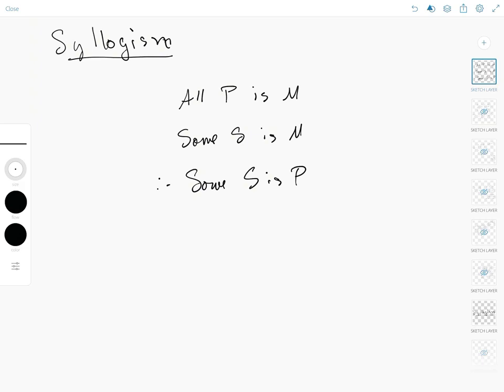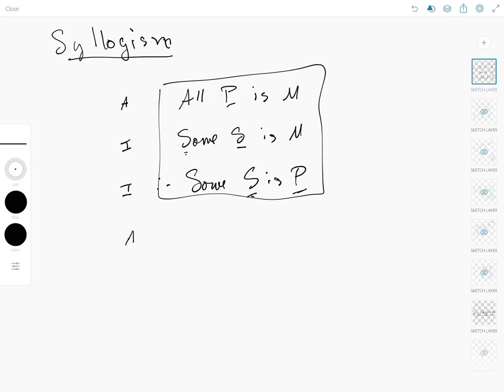The major premise, and again, just to reinforce this, minor term, major term. Major premise has the major term in it. Minor premise has the minor in it. Okay, perfect. So now, what is the type of proposition of the major? That's an A. The type of the minor premise is an I. And the type of the conclusion is I. So, the mood of this particular form is AII.